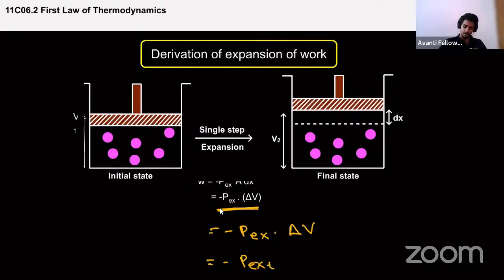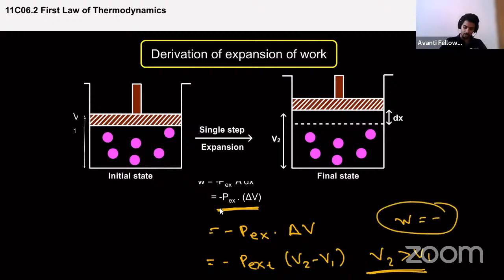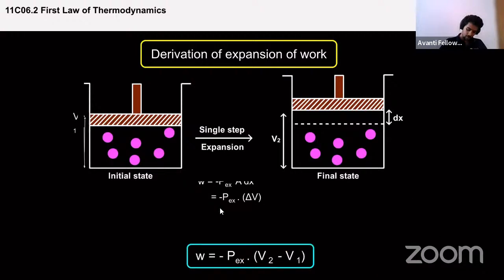If it is expansion, that means V2 will be greater than V1, so obviously the work done will be negative. Work done will be negative in case of expansion, work done by the system. If we do compression, V2 will be less than V1 and W will be positive at that point.